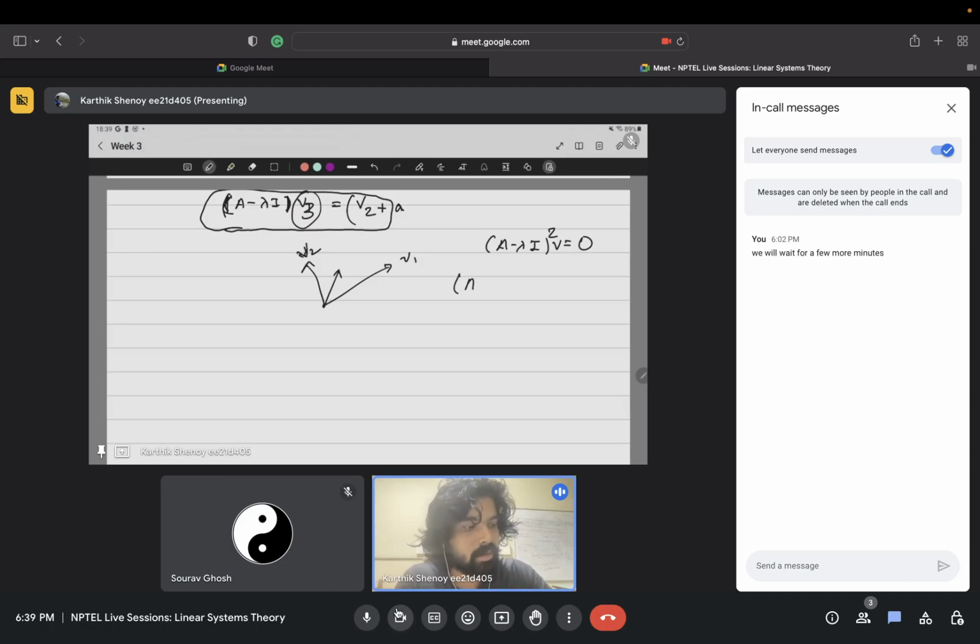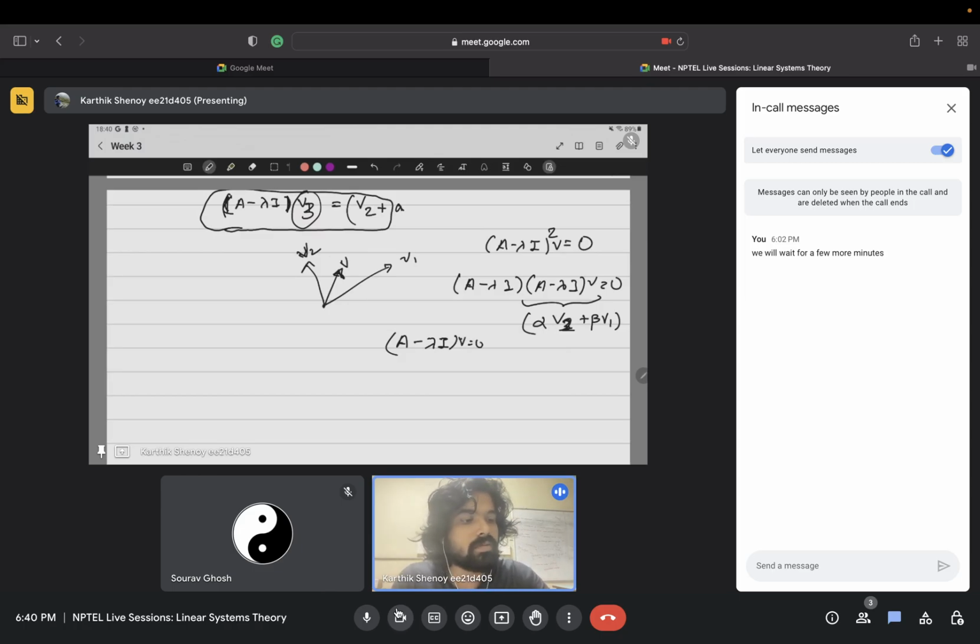So if I take A minus lambda I times A minus lambda I times V equal to 0, I will set this as some V3. I will set this as some combination of alpha plus. So, if I am now on this space, I know that this times this vector, whatever it is, is 0.